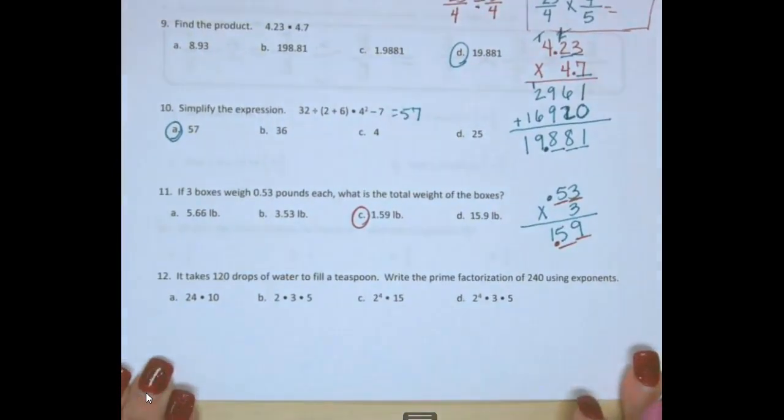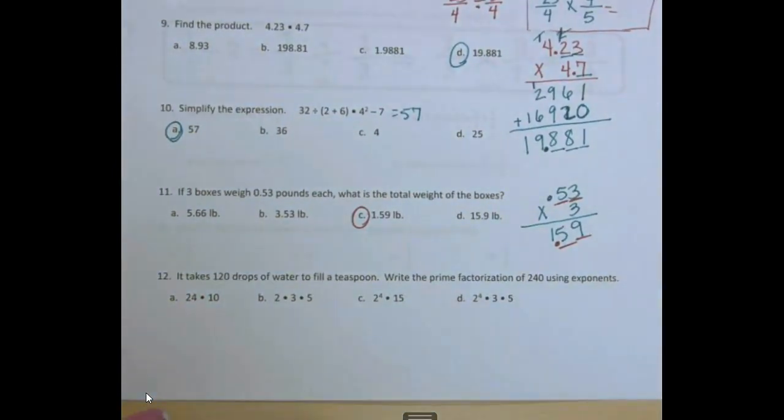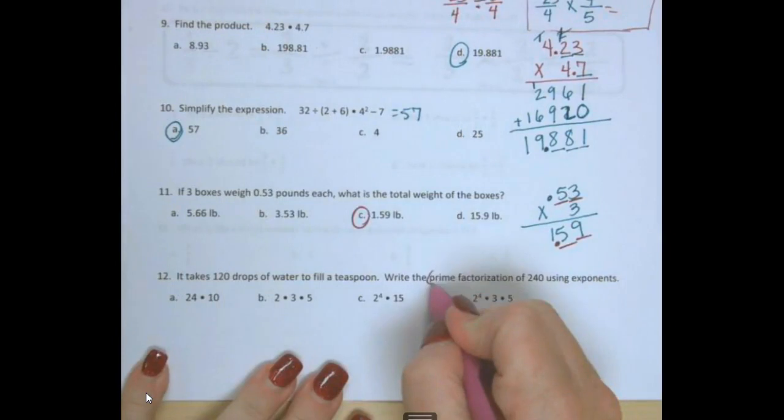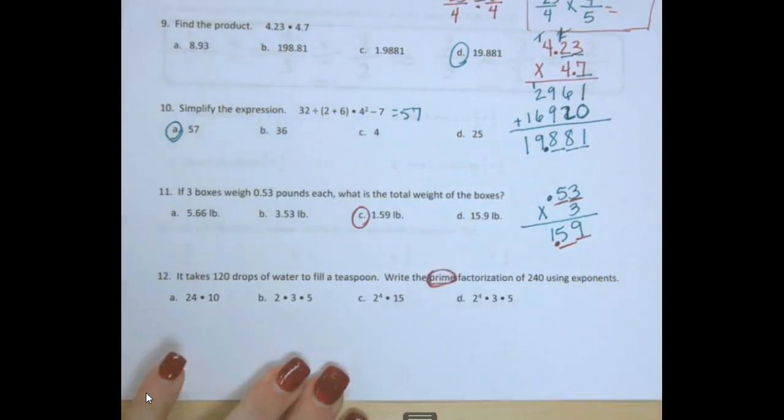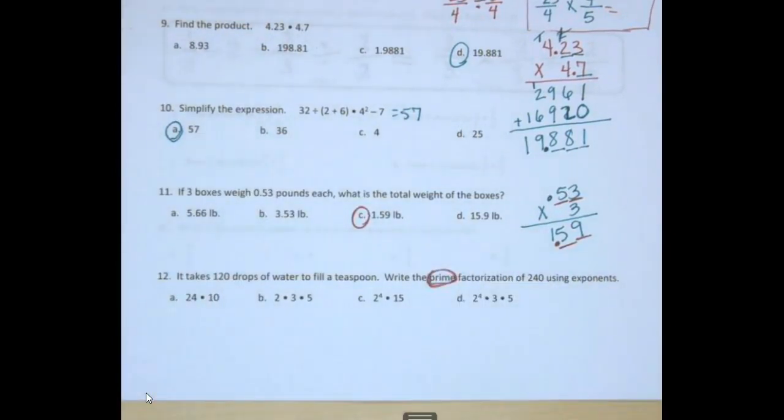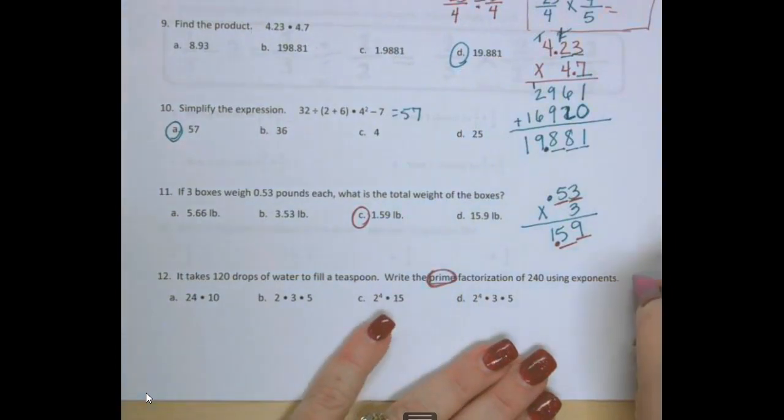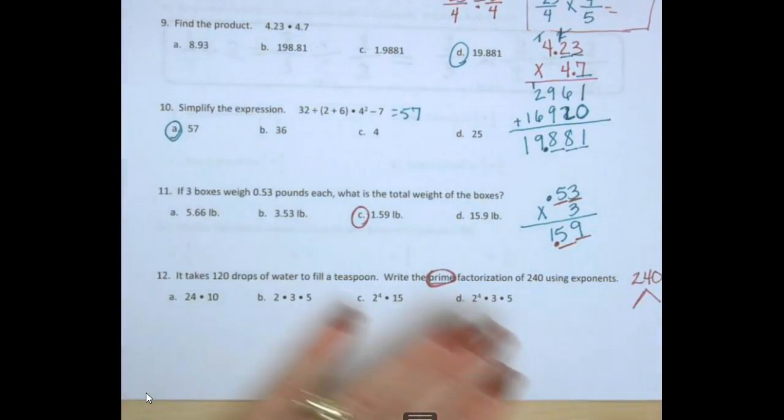Okay, number 12. We have not done this, but I believe you can easily get it. You know what prime numbers are. You know 2, 3, 5, 7, 11. They're numbers that have no factors except one and itself. So let's look at 240. We are going to make a factor tree.